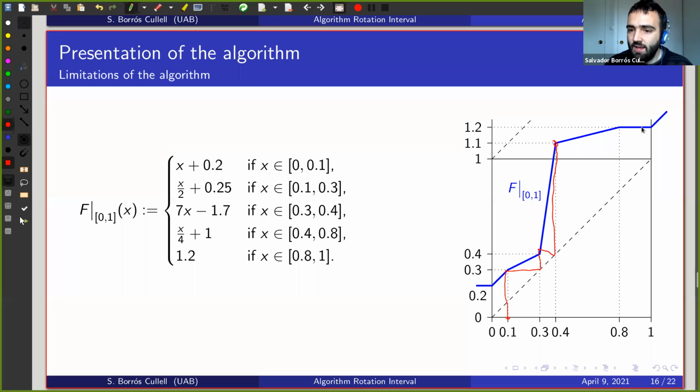And one can easily check that this constant section actually doesn't have any 3-periodic point or any periodic point at all. So even though we know that the rotation number of this map is 1/3, from our algorithm we would not get the exact 1/3 rotation number in a nice manner.